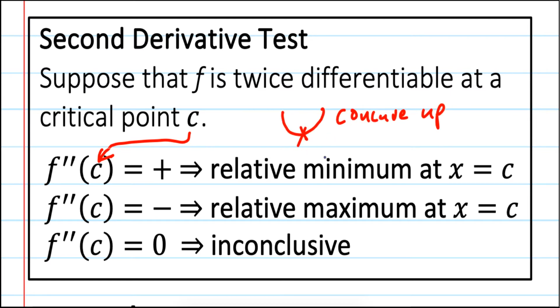So this is a minimum point. If you have negative, it means that it is concave down. So you get a maximum point. And if you have equal to 0 for the second derivative, it is inconclusive: either maximum, minimum, or neither at x equal to c.